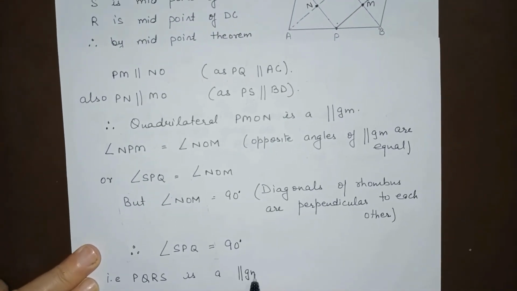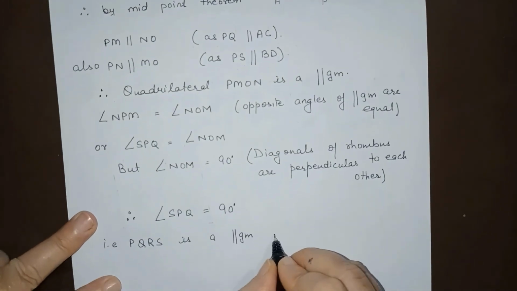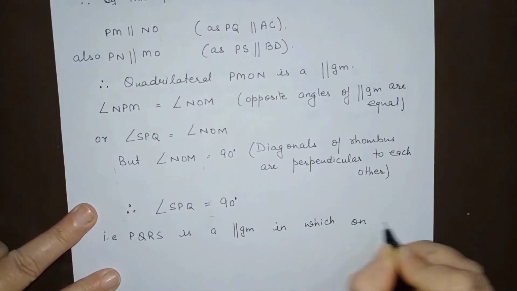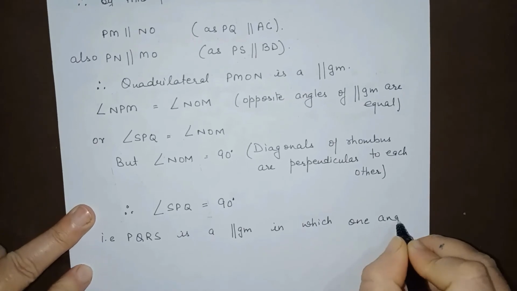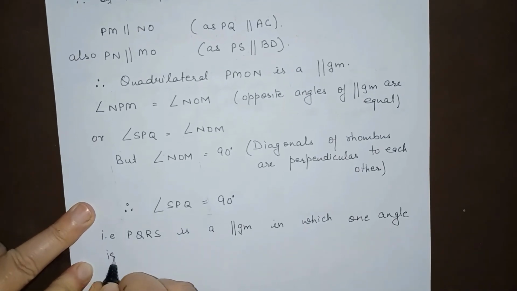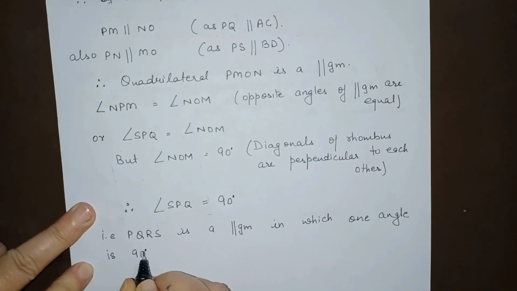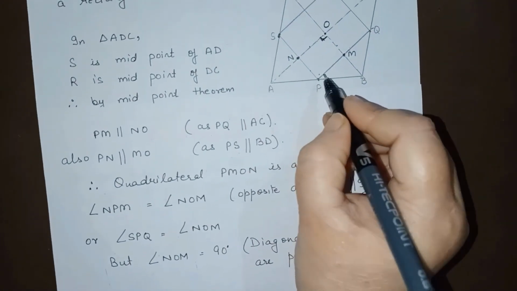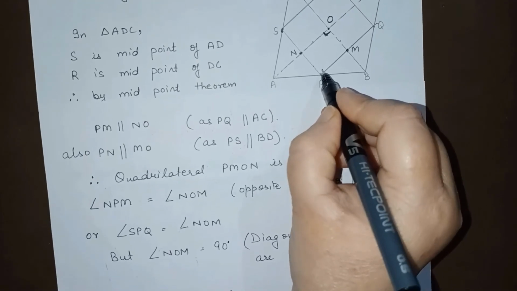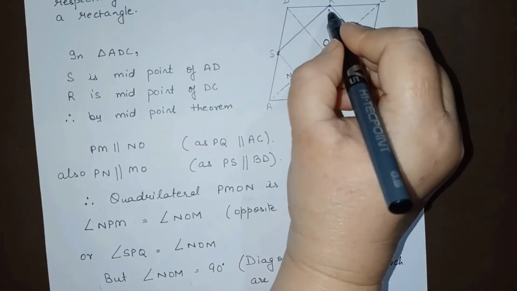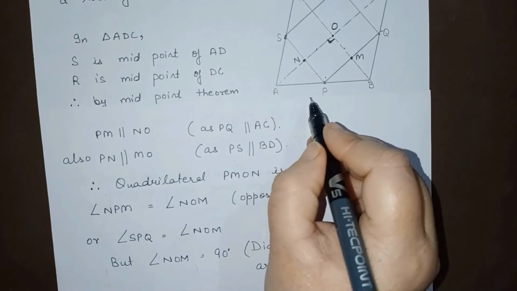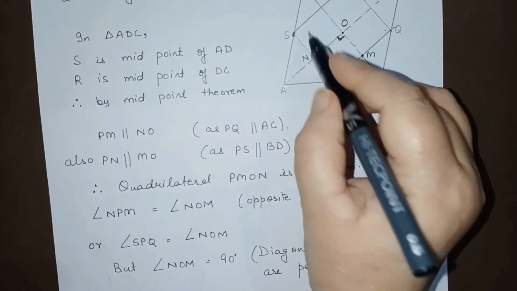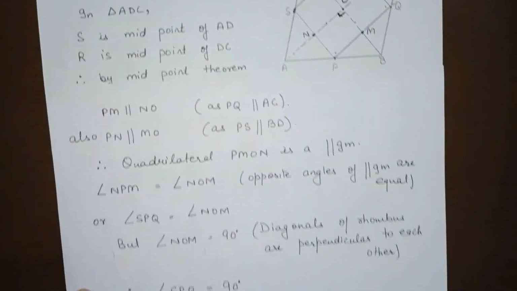Remember, we have first proved that it is a parallelogram in which one angle is 90 degree. That is, automatically all the angles will be 90 degree in the parallelogram. Opposite angles are equal. If this is 90, this will be 90 degree. Adjacent angles are supplementary. If this is 90, this will be 90 degree. So ultimately all the angles will be 90 degree.